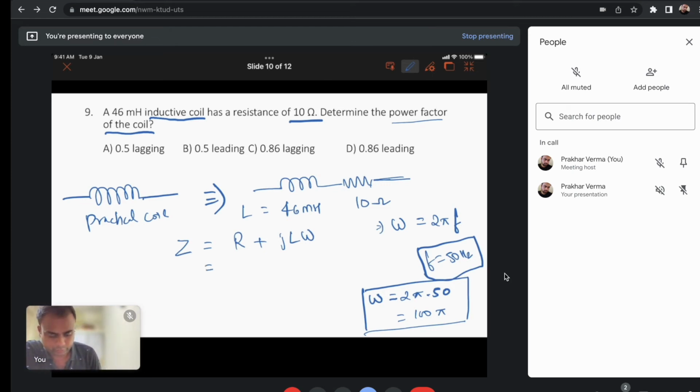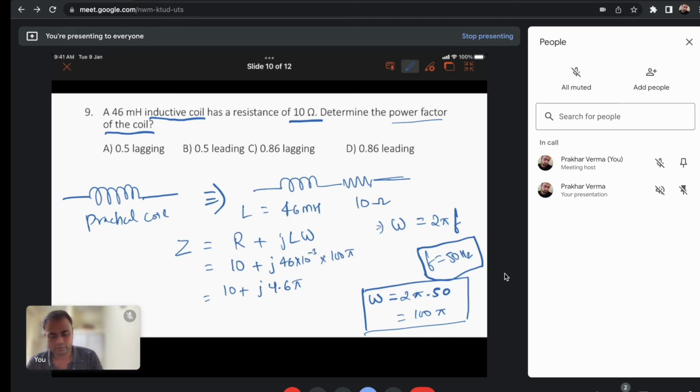So just putting those values here in the expression, 10 ohm of resistance, j, inductance is 46 times 10 to the power minus 3, and omega is 100 pi. So this becomes 10 plus j 4.6 pi.